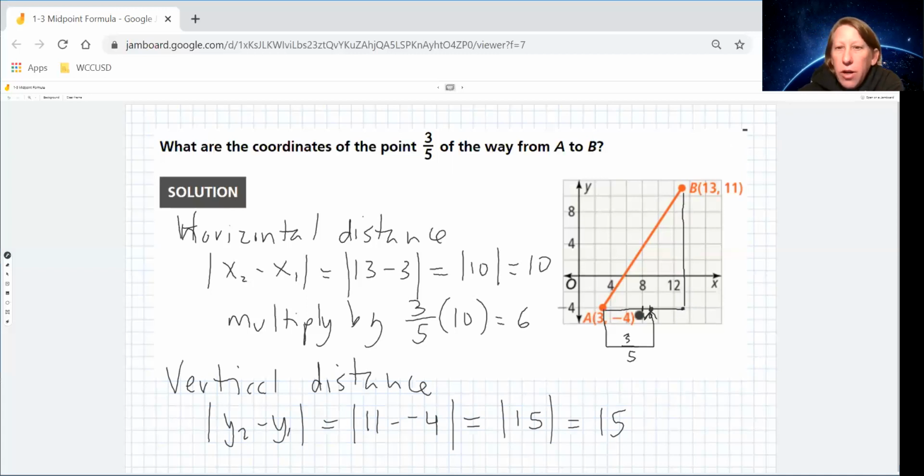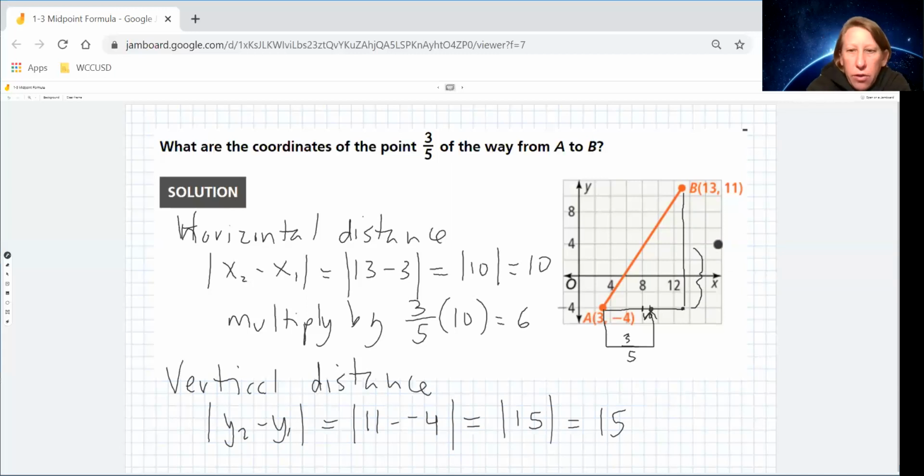Now, I'm trying only to get 3/5 of the way from A to B. If I was trying to get halfway, it would be 7.5. 1, 2, 3, 4, 5, 6, 7.5. This would be halfway, about right here. But I want 3/5 of the way. So I want to go from here up only 3/5, and I want to know how far that is.